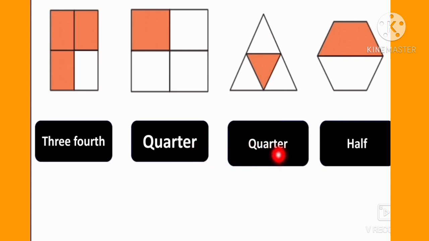And here in a triangle, there are 4 equal parts and only one part is shaded. And we can say quarter portion of a triangle is shaded. And here in a hexagon, half of the portion of hexagon is colored.